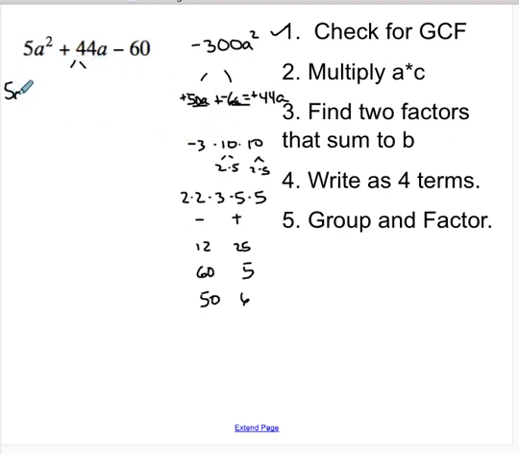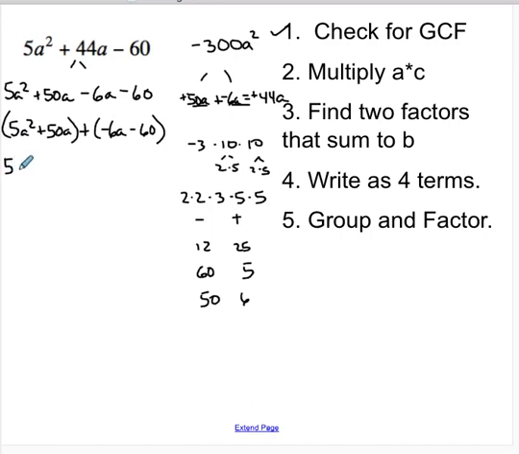So I've got 5a squared plus 50a minus 6a minus 60. And so I'm going to write those in two groups, 5a squared plus 50a plus, I'm going to group these, negative 6a minus 60. And I'm just going to take the GCF from each pair.